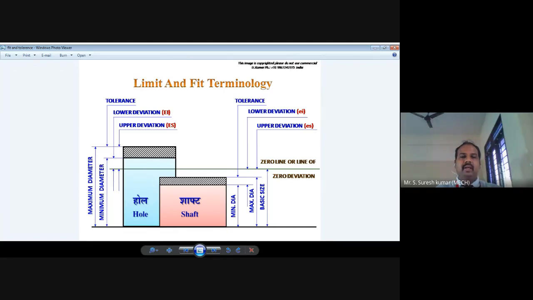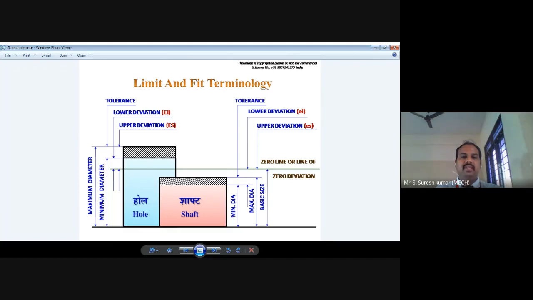Next one, fundamental deviation: that one of the two deviations which is conveniently chosen to define the position of the tolerance zone in relation to the zero line. So there are a lot of terminologies in tolerance zone.